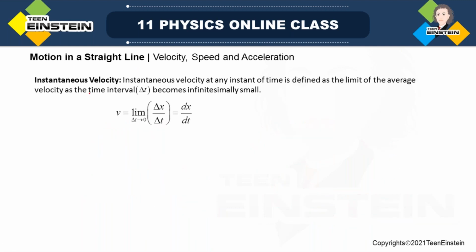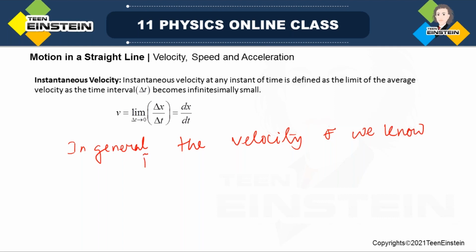Now we'll go to another term called instantaneous velocity or simply velocity. The velocity we know in general is actually the instantaneous velocity.